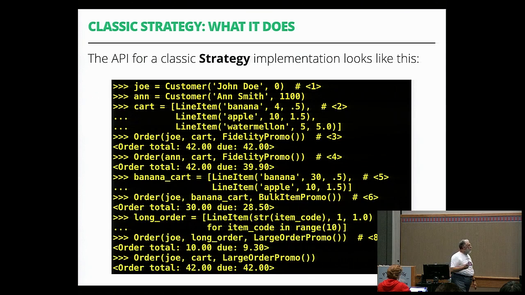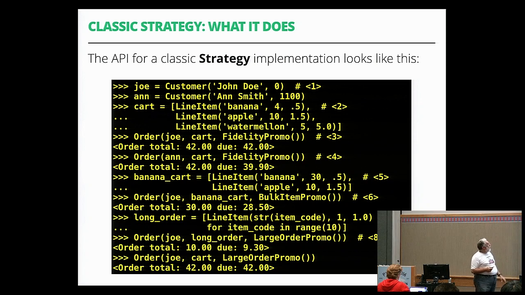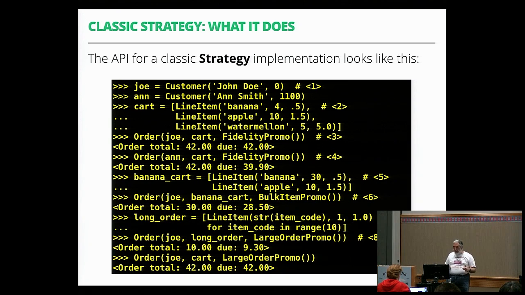What are the examples? This is actually copied from a doctest that you will find in the module later. I have these numbers here to help me refer to them. On line number 1, I created a customer, and on the second line is another customer, and then I create a shopping cart fixture that has several line items.